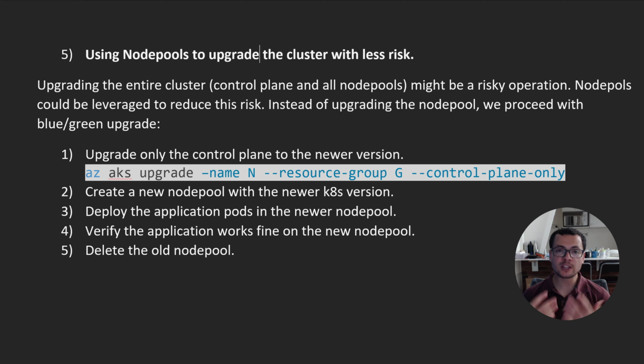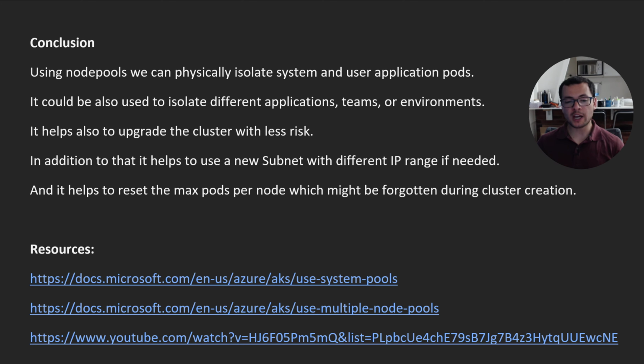That also gives you flexibility to change some of the node pool configurations, especially those that can be changed only during node pool creation, like attaching your node pool to a subnet, choosing spot instances, changing the max pods per node, or specifying the taints for that node pool.